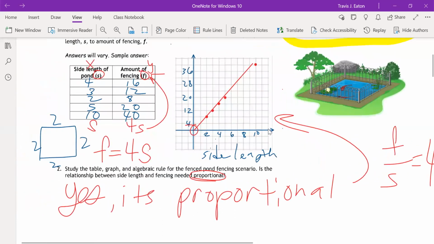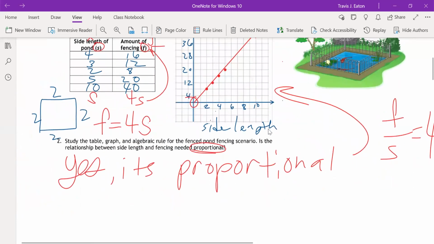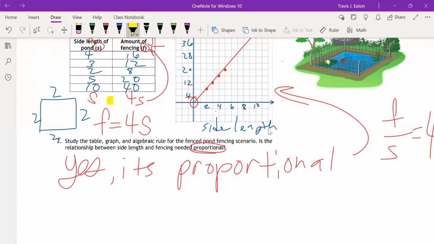And then the other thing is, if you look at the algebraic rule, which we can see right here, there's nothing added to the 4s, because if there was something added or subtracted to the 4s, you would know that that would not be proportional, but there isn't anything added.